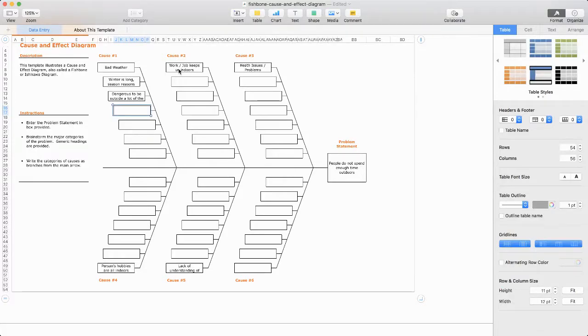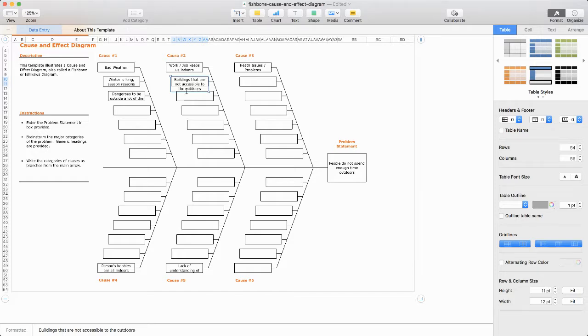So cause number two, work and job keeps us indoors. Maybe we're trapped in buildings all day long. Another reason is we're in buildings that are not accessible to the outdoors.